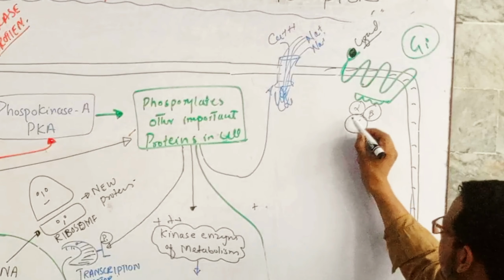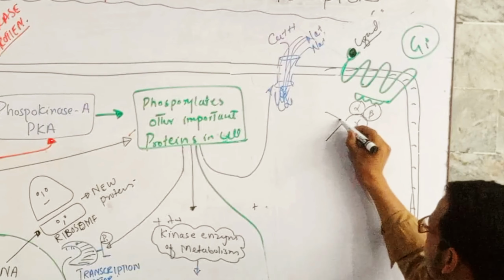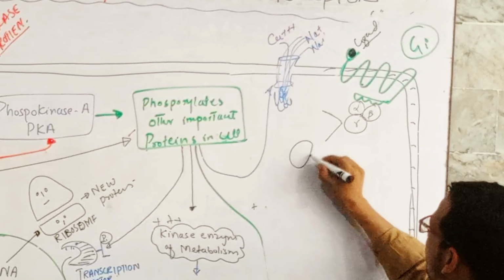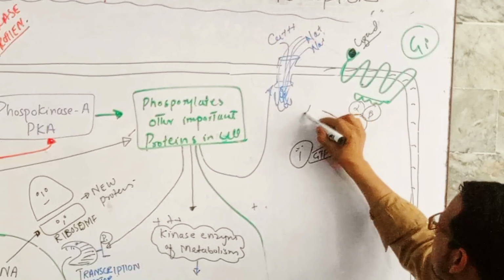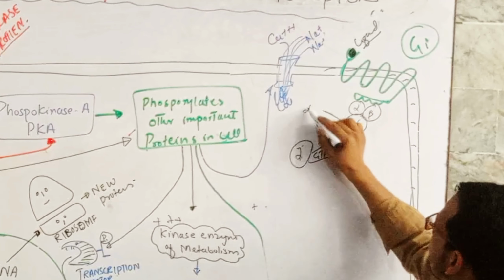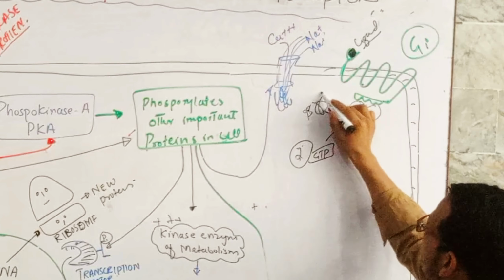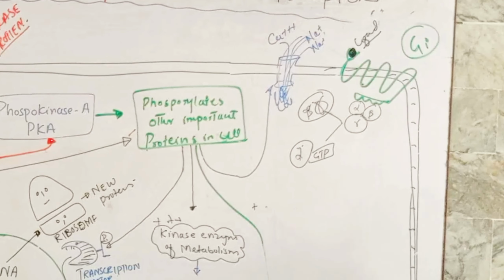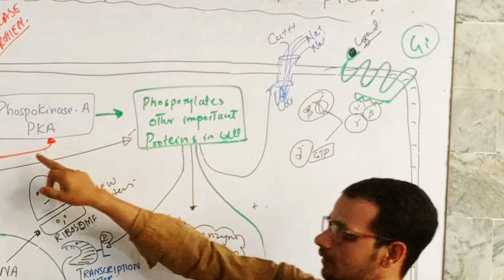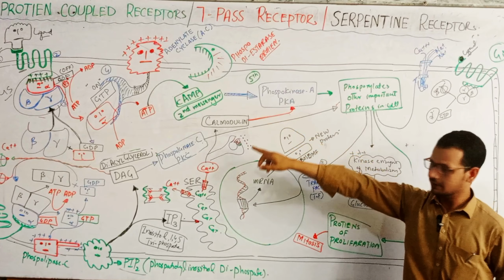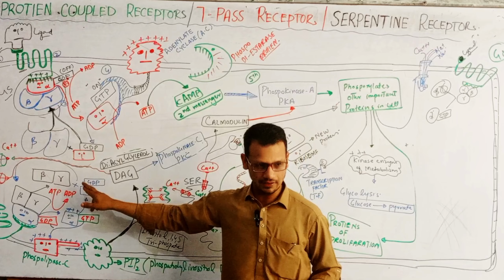Alpha, beta, and gamma are separated. It converts into GTP and alpha, beta, and gamma. Right? This energy is now used for deactivating the cAMP, the IP3 and DAG.